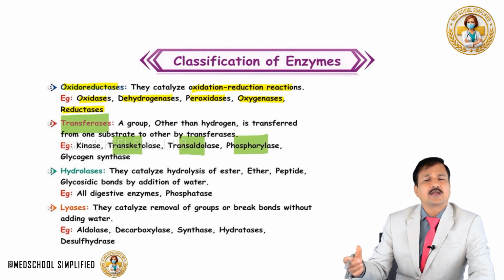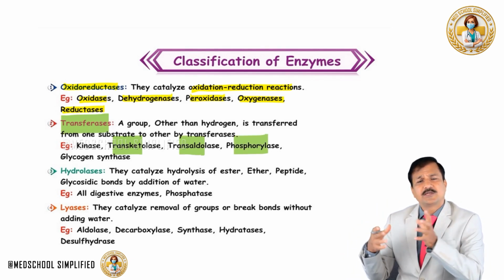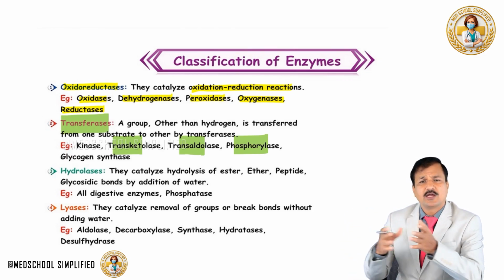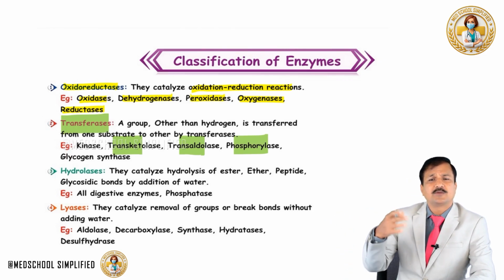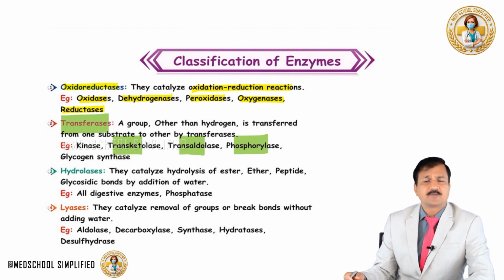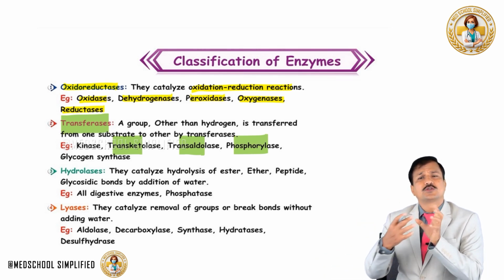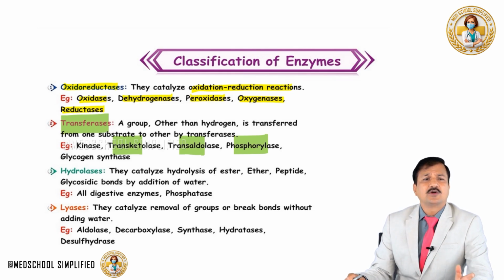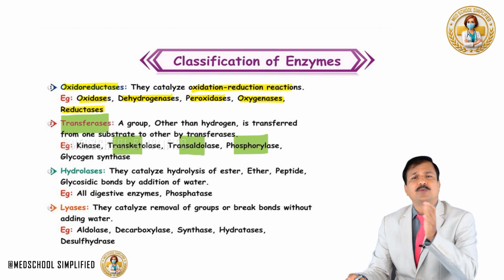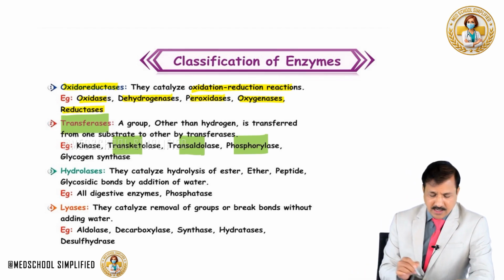Phosphorylase: inorganic phosphate is incorporated and transferred to a molecule, say glycogen breaks into glucose 1-phosphate. So inorganic phosphate is transferred there. Glycogen synthase, where glycogen is synthesized, glucose is transferred. So like this, transferases basically transfer a group other than hydrogen.